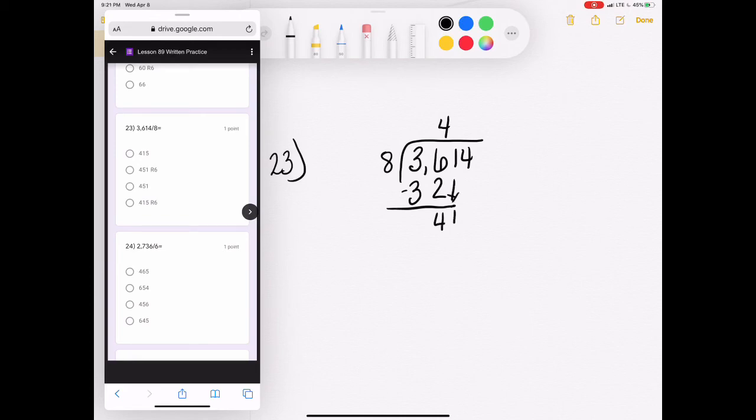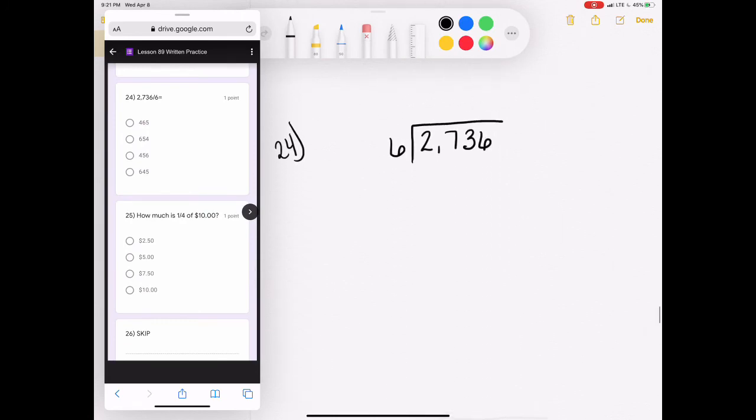Bring down a 1. 8 times 5 is 40. Subtract. Bring down a 4. 8 goes into 14 one time. 14 minus 8 is 6. 451, remainder 6.